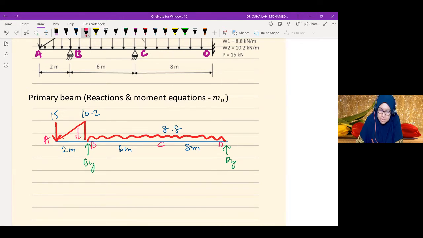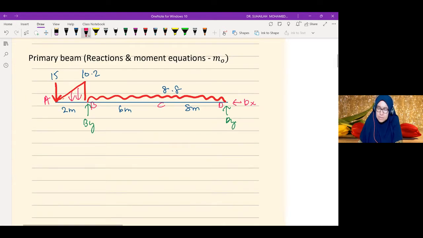This is a triangular load. This is DX, DY because of the pin support. So we apply moment to calculate the reaction at B and the reaction at D.